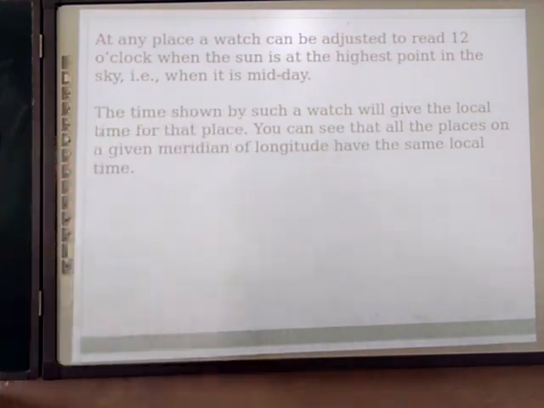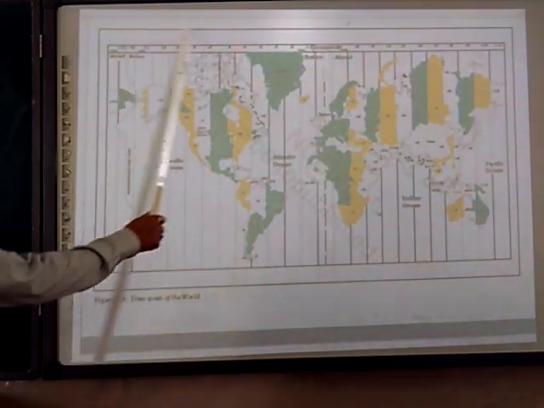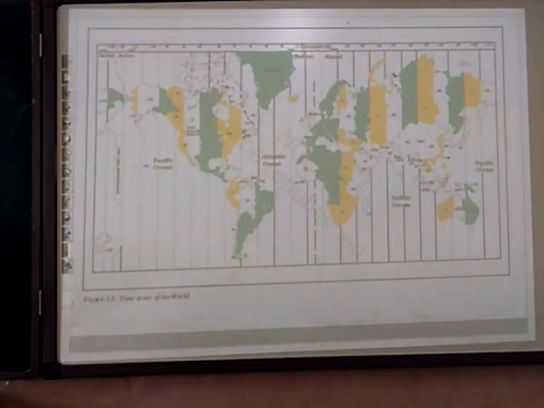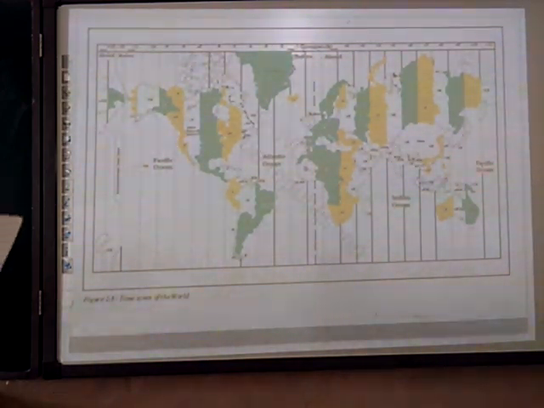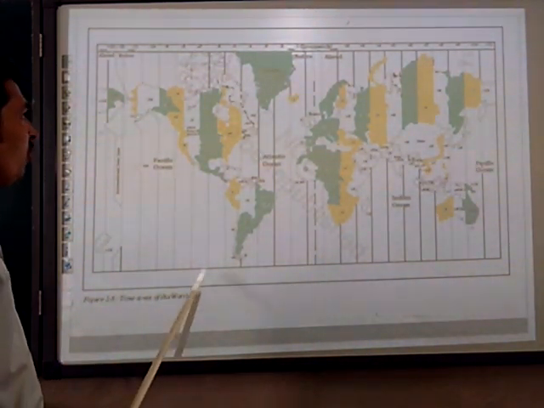Next, we are going to see figure number 2.8, the time zones of the world.